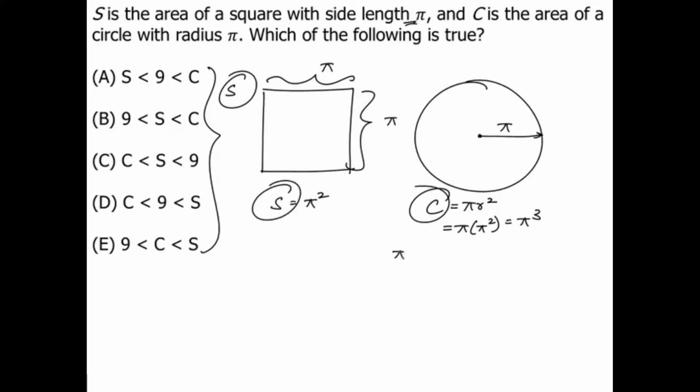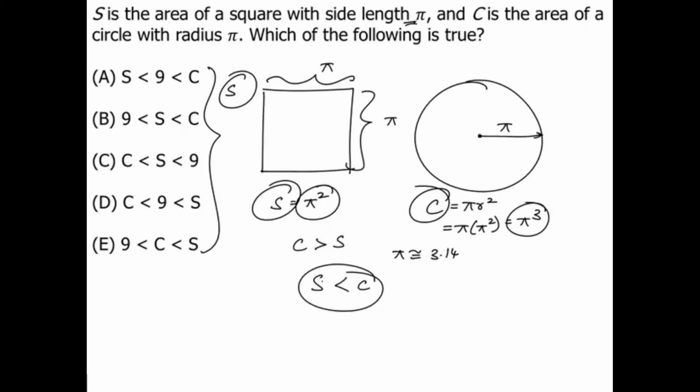So we know pi is about 3.14, is greater than 3. So pi cubed will be greater than pi squared. So we know immediately C is greater than S, or they've written it in this form. So we can immediately narrow down the answer choices to A, B, these, C is actually less than S, so C, D, and E are out.